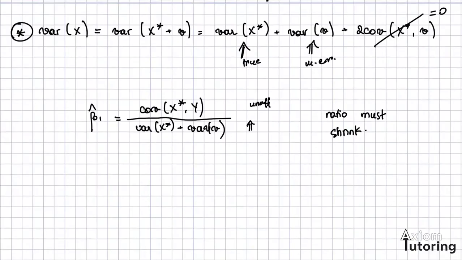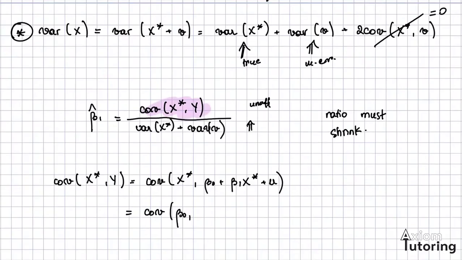If we use the true model to evaluate the covariance of x star and y, we would have that this is the covariance of x star with beta 0 plus beta 1 x star plus u, which would be covariance of beta 0 with x star, plus beta 1 covariance of x star with x star, and ultimately covariance of x star with the u.